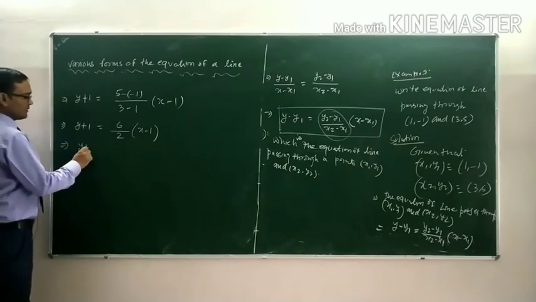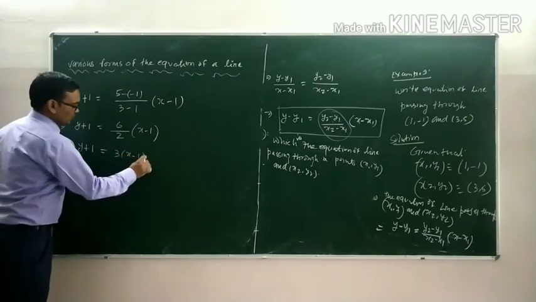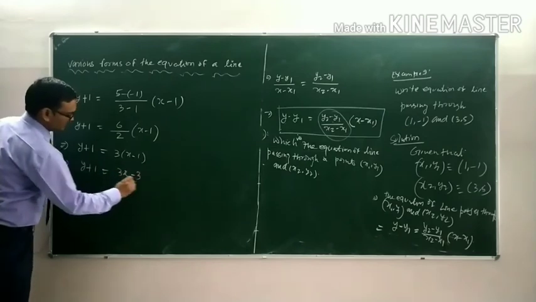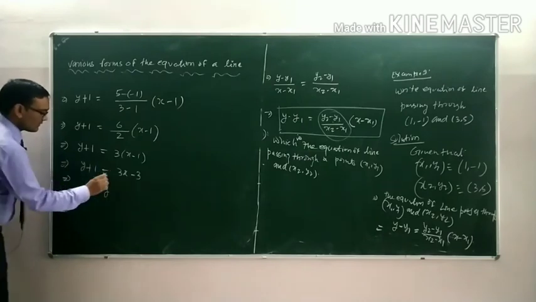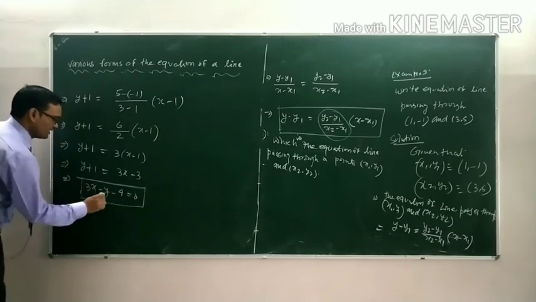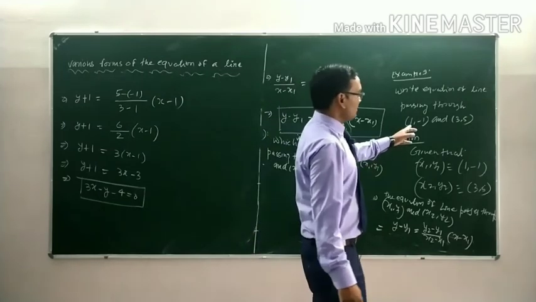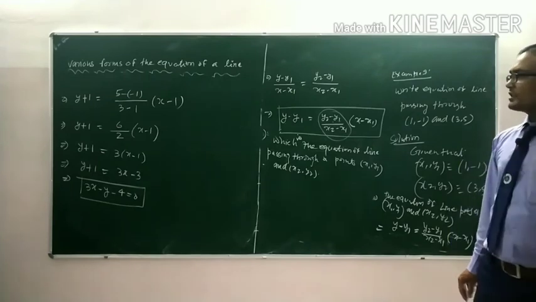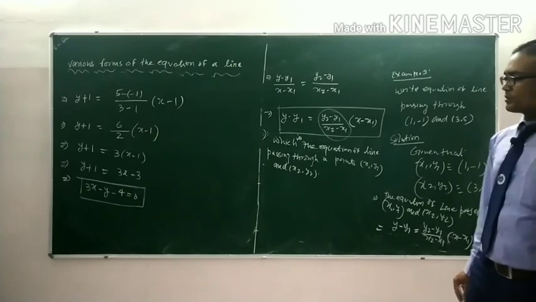This implies that y plus 1 equals 3 into x minus 1. This implies that y plus 1 equals 3x minus 3. This implies that 3x minus y minus 4 equals 0, which is the equation of the line which passes through the points 1 comma minus 1 and 3 comma 5, which is your answer. 3x minus y minus 4 equal to 0.